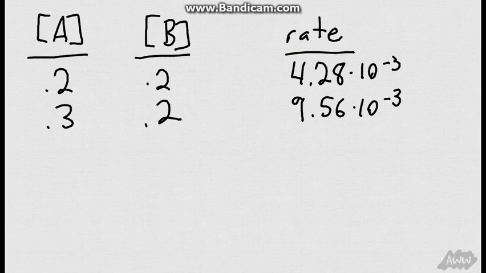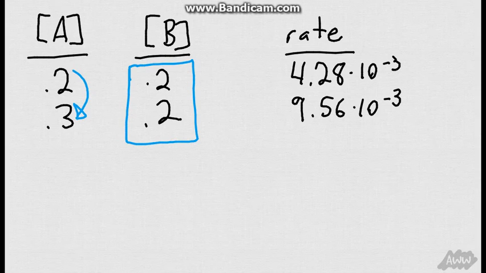Okay, and I just wanted to spend a little more time clarifying how those numbers came about. So I'm going to do another example with those same numbers, but now we're going to use a different change in concentration of A. So remember, once again, we have to hold one of them constant, so we're going to hold B constant while we change A. So now, what is this multiplication?